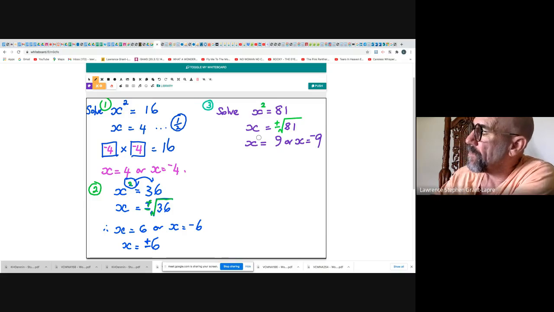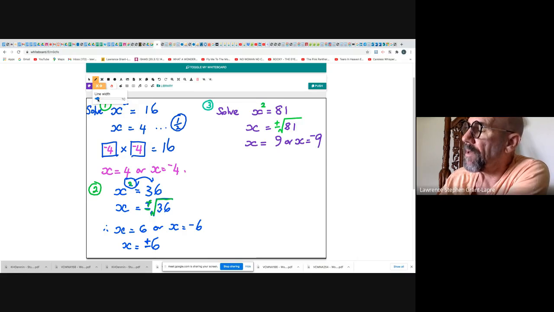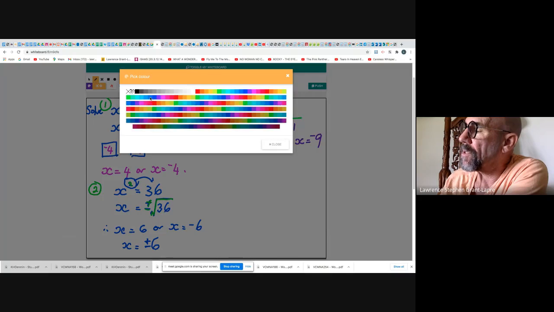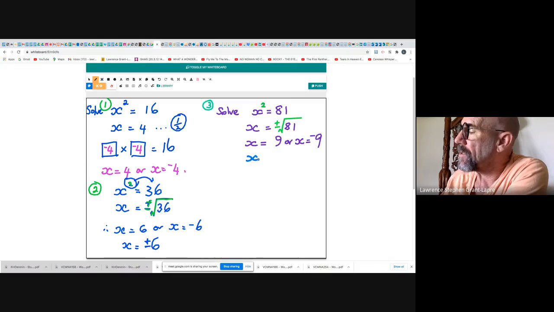If it is a positive, you could just say x equals 9, or x equals negative 9. And yes, for those who may understand that last step, you could say x equals plus or minus 9. That's also correct.